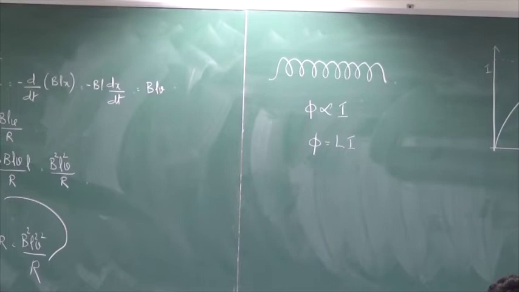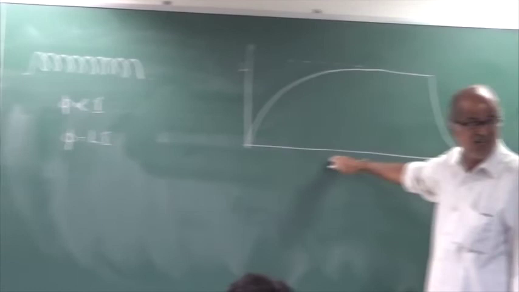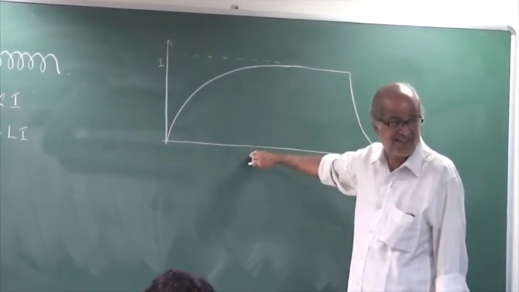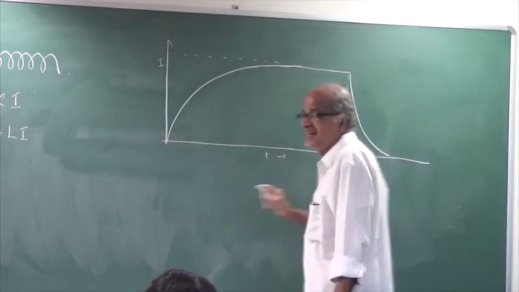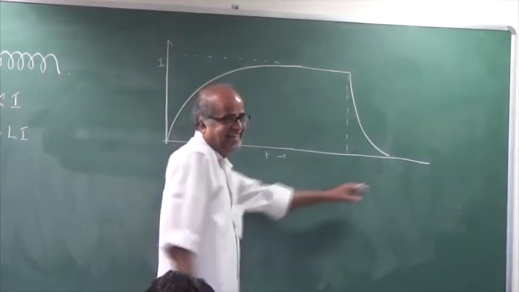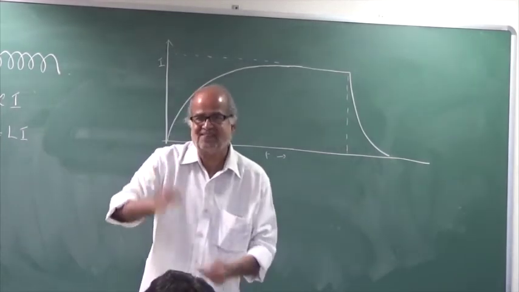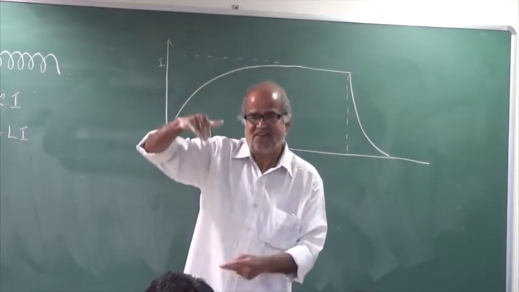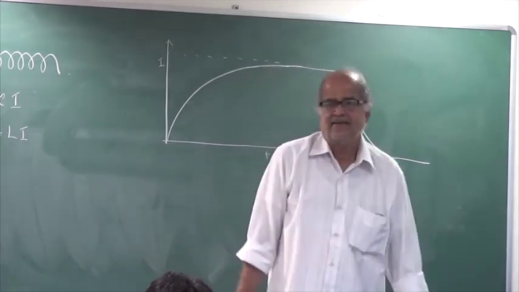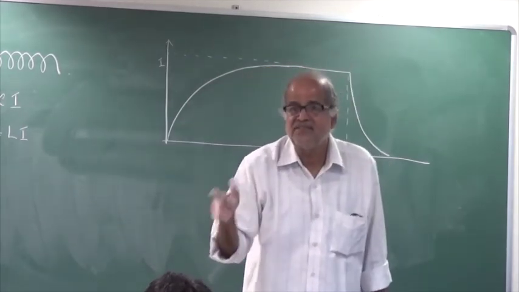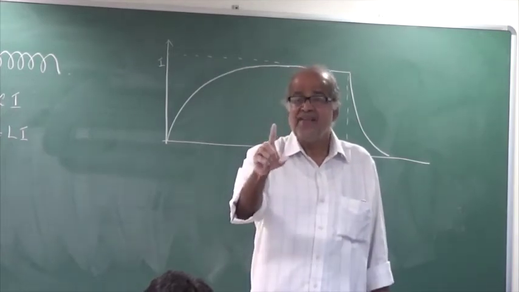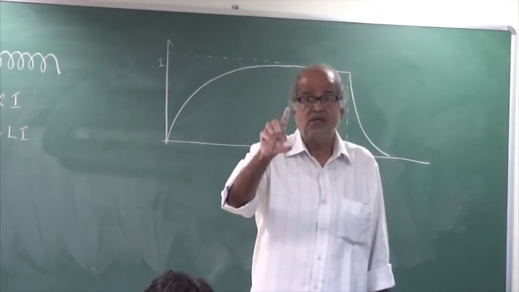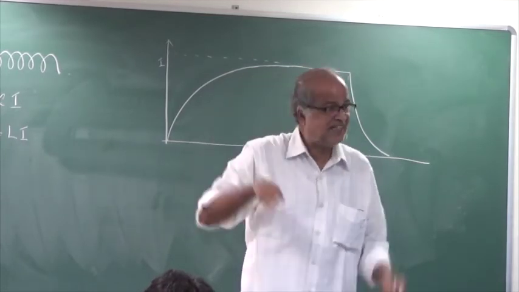Interestingly, it takes longer for the current to grow and establish its maximum constant value, whereas it takes a shorter time for it to decay to zero, because when you switch off, the resistance in the circuit suddenly becomes infinity. The induced EMF is proportional to the rate of change of flux.